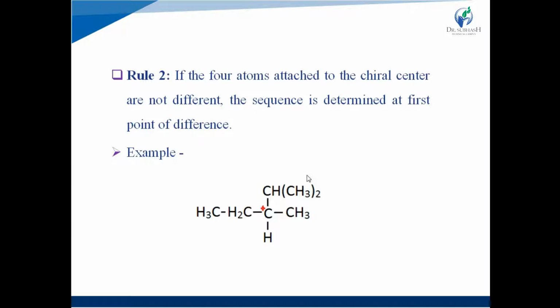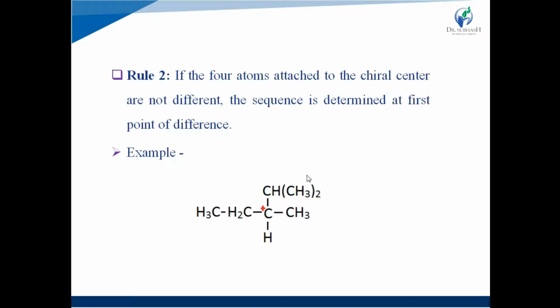The methyl group is directly attached to the chiral center through a carbon atom. Same in the case of the ethyl and isopropyl groups, right? So hydrogen has the lowest priority because it has the lowest atomic number, 1, so it receives 4, right?